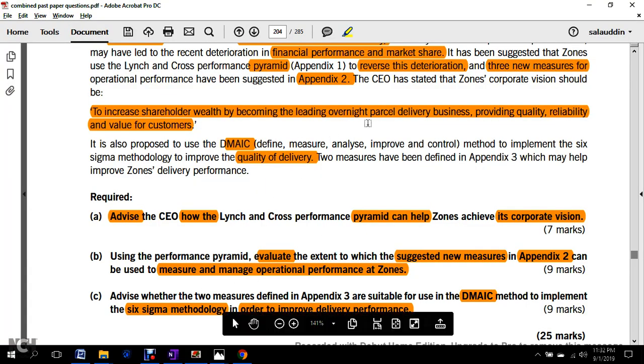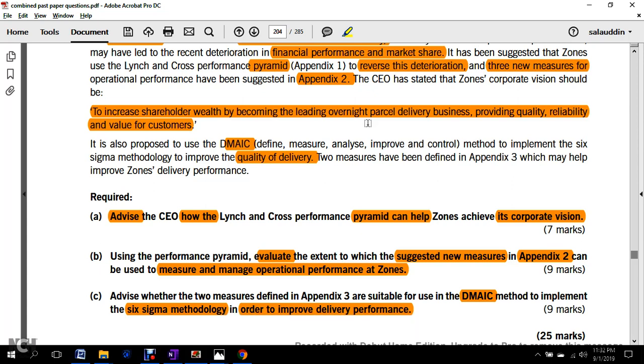They want to become what? Leading. So this is a part of their vision, which can be achieved by maintaining the quality and by increasing the customer satisfaction.